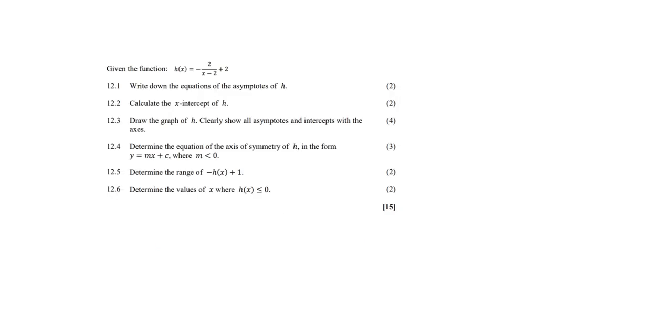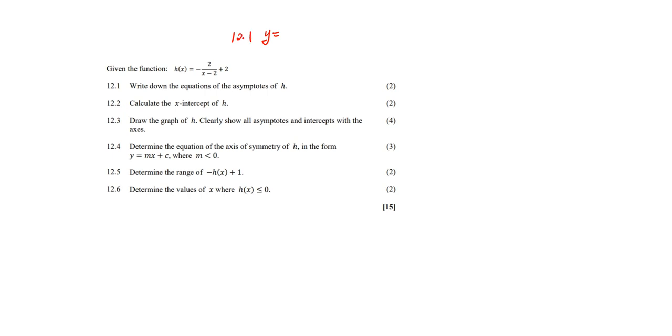So now these are the questions that we are given here. The question says, given the function, write down the equation of the asymptotes of h. This is question number 12.1.